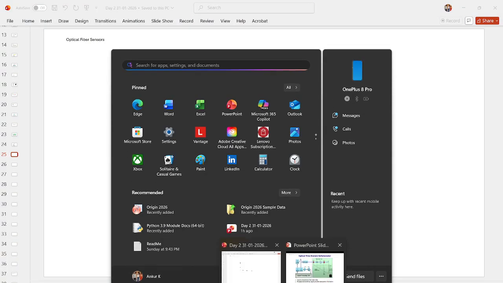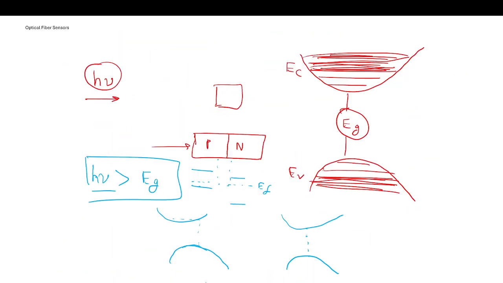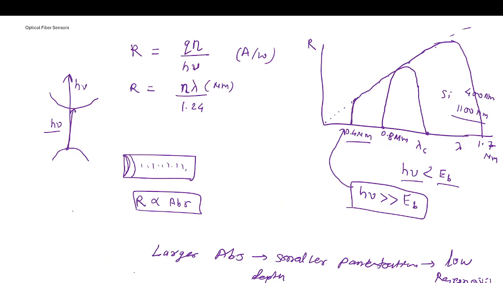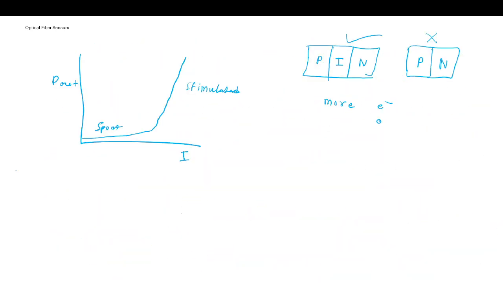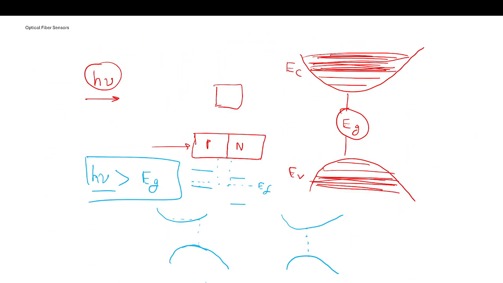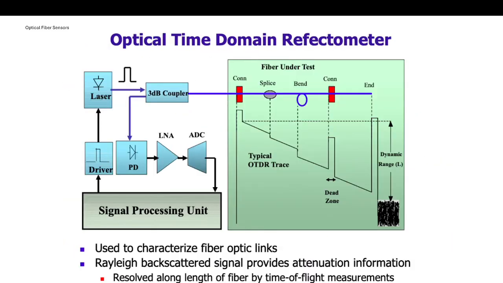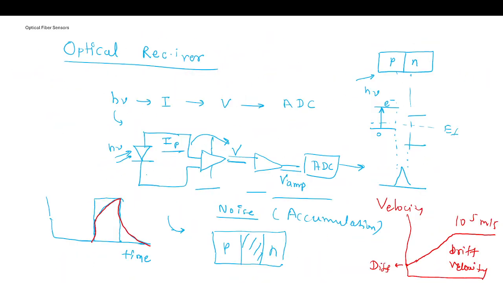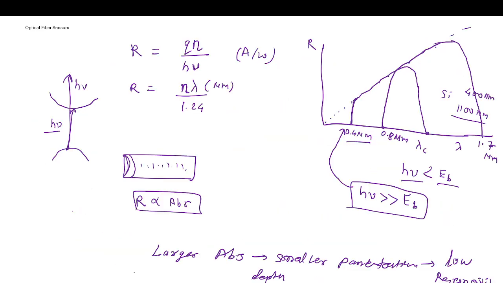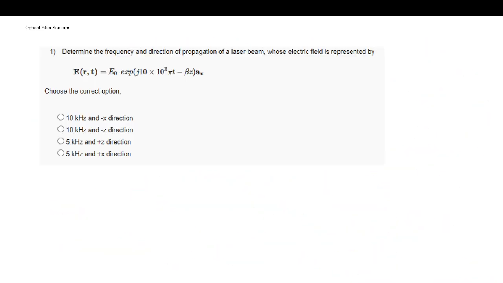Here you have velocity in meter per second and here electric field.